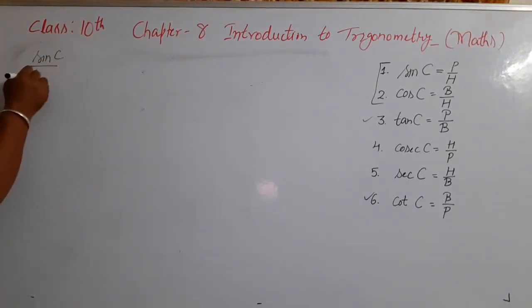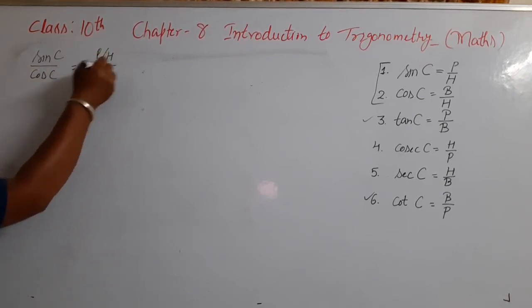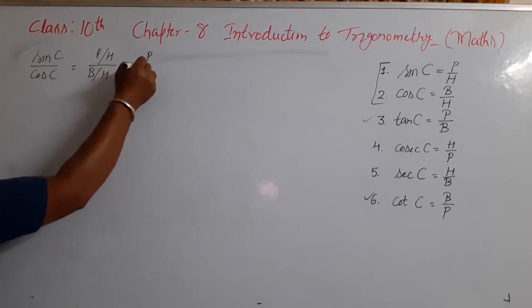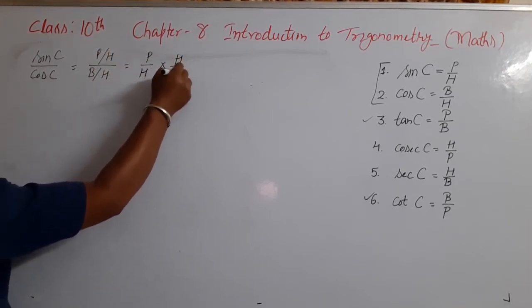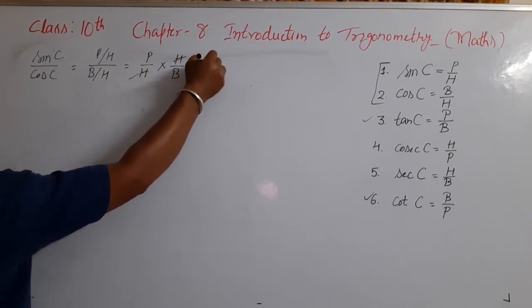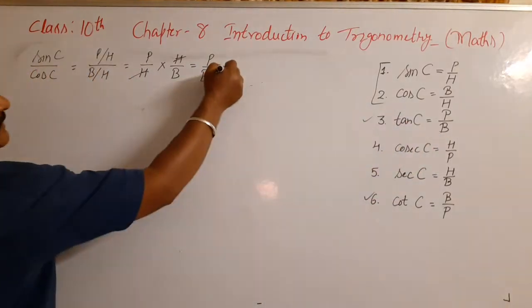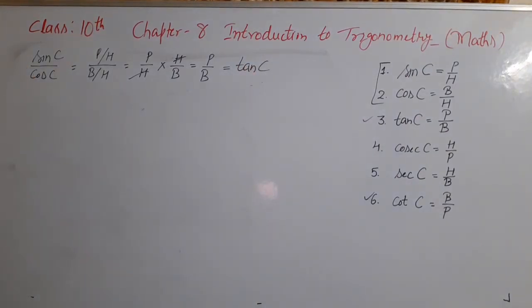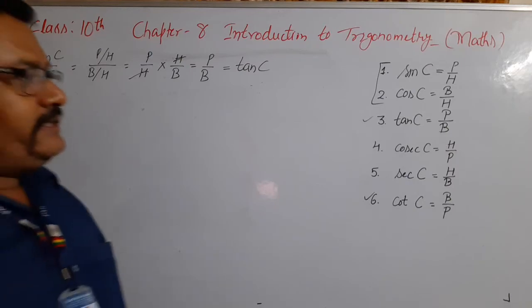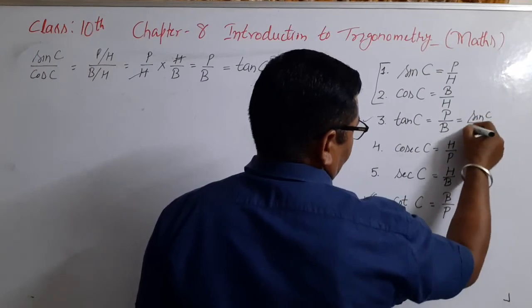Sin C upon cos C is equal to perpendicular upon hypotenuse divided by base upon hypotenuse, which is equal to perpendicular upon hypotenuse times, as it goes up it gets inverted, hypotenuse upon base, is equal to perpendicular upon base. And what is perpendicular upon base? Tan C. So we can conclude that tan C is equal to sin C upon cos C also.